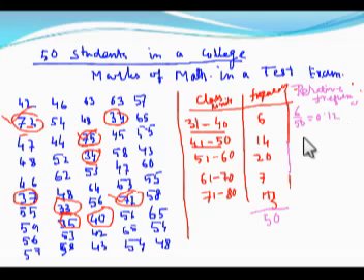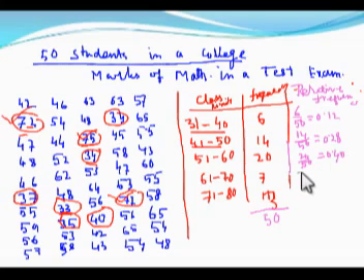Then you will get 14 by 50. This relative frequency will be 0.28. It will be 20 by 50, so it will be 0.40.